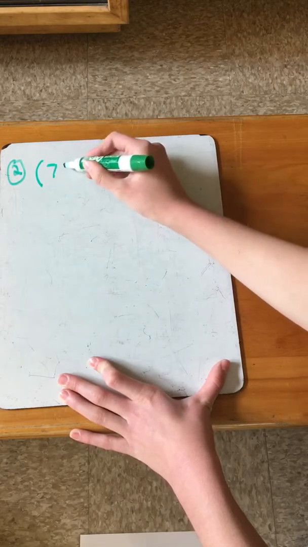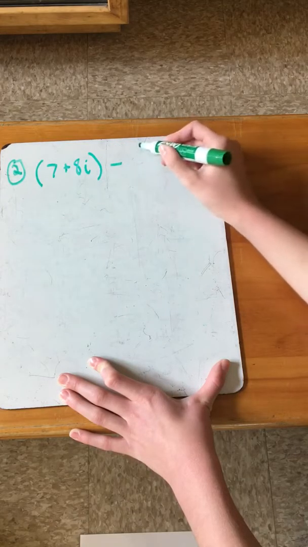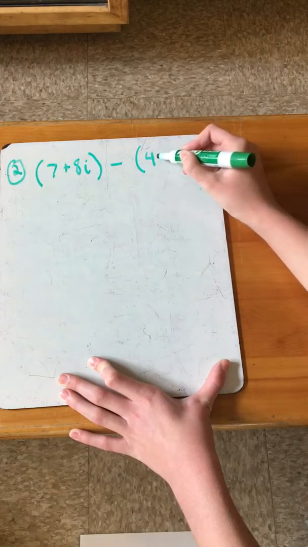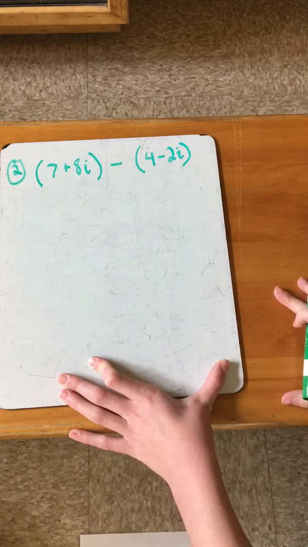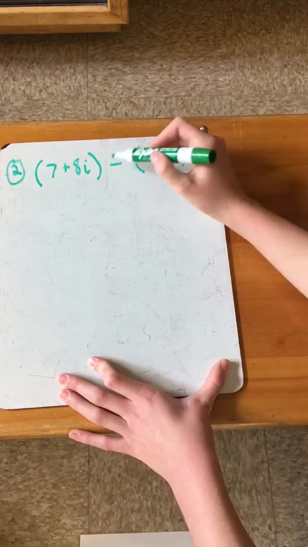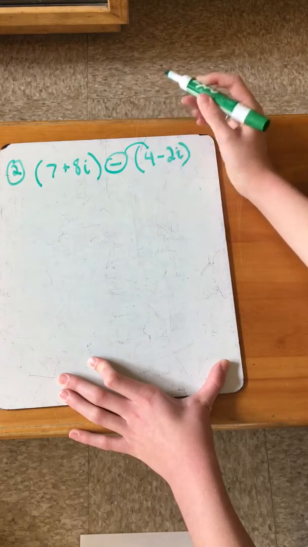So we're going to have two binomials, each with i. Now, it's not as complicated as it seems, but you have to remember that there's a subtraction sign, and you need to distribute it to both numbers.